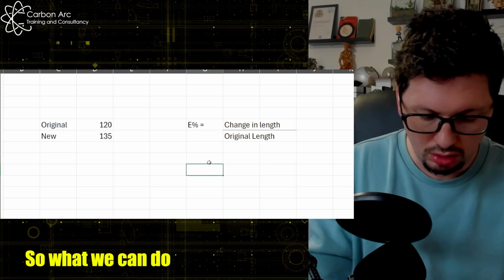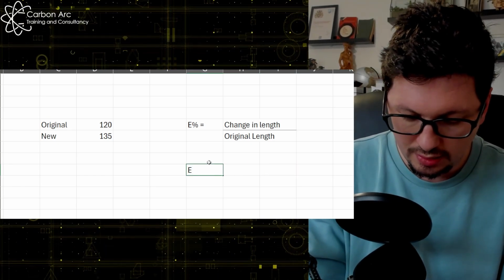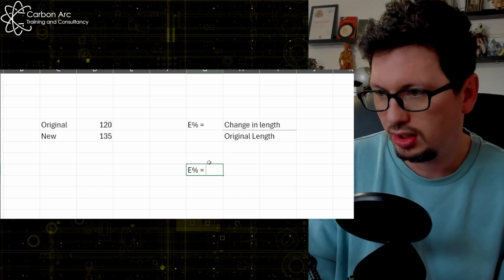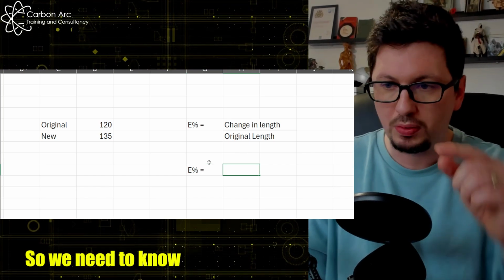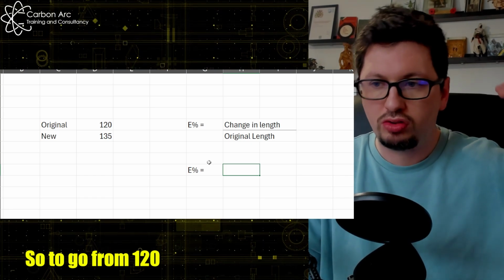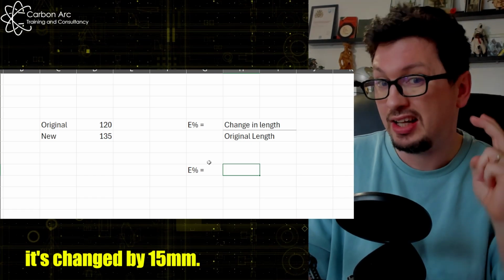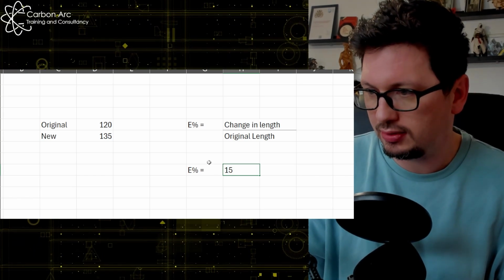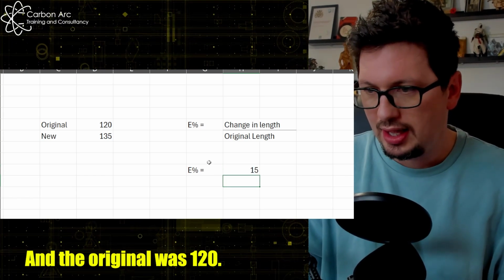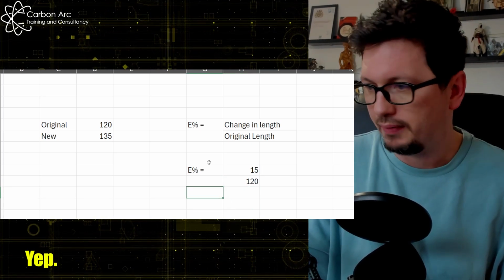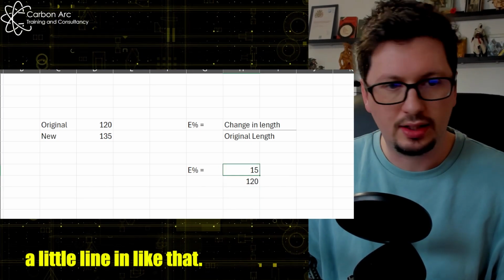So what we can do is go, well, our percentage elongation is the change in, so we need to know what it's gone up by. To go from 120 to 135, it's changed by 15 millimeters. So we've got 15 there, and the original was 120. I can just drop a little line in like that.